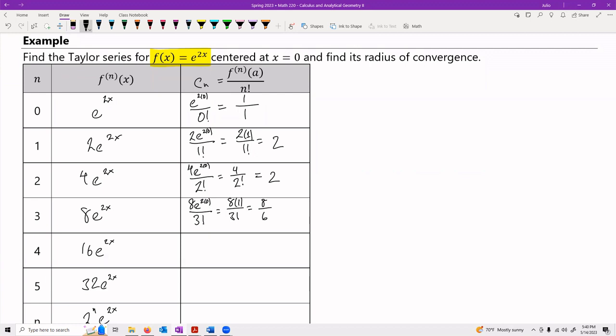Then 16e to the 2 times 0 over 4 factorial, 16 times 1 over 4 factorial, which is 16 over 24. I'm not going to entirely do this last one, but it's going to be 32e to the 2 times 0 over 5 factorial, so 32 over 5 factorial.